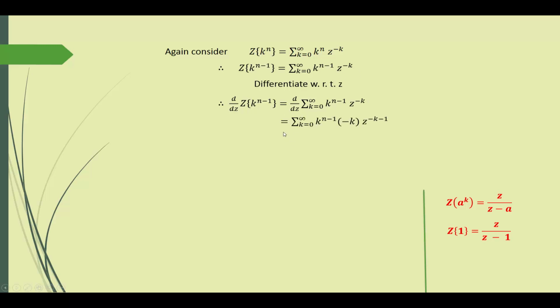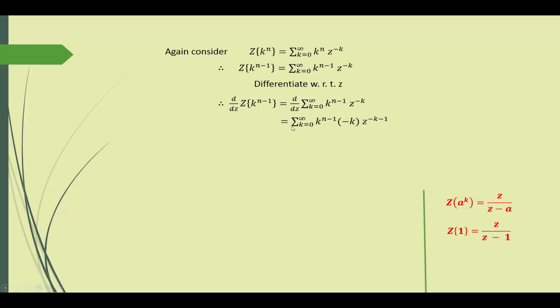Now write down the derivative with respect to z. The term in terms of z is only z^(-k). So d by dz of z^(-k): first term as it is, so sigma k from 0 to infinity k^(n-1). Now d by dz of z^(-k) is minus k z^(-k-1).